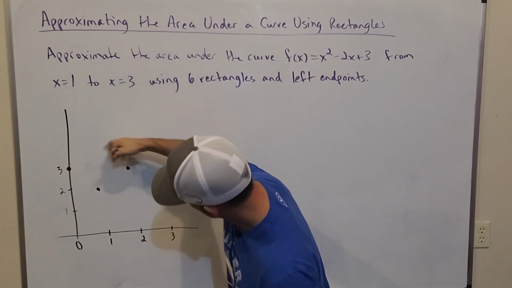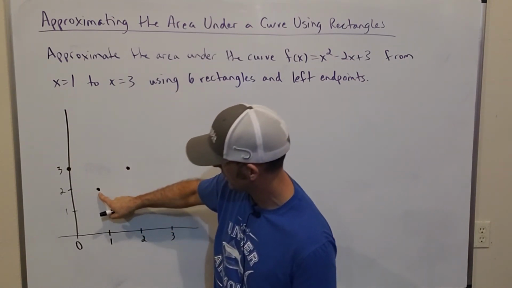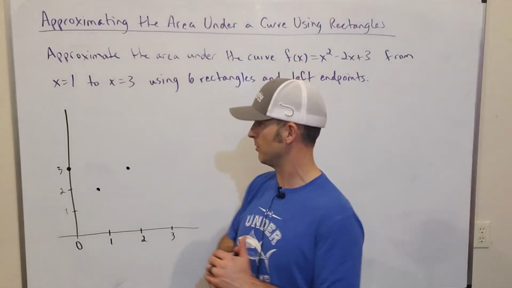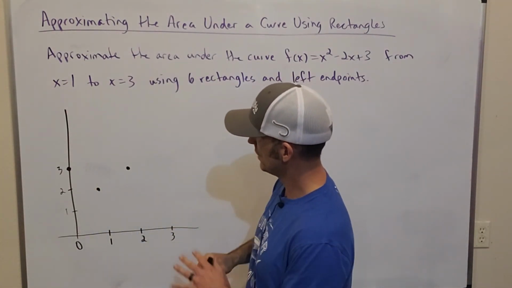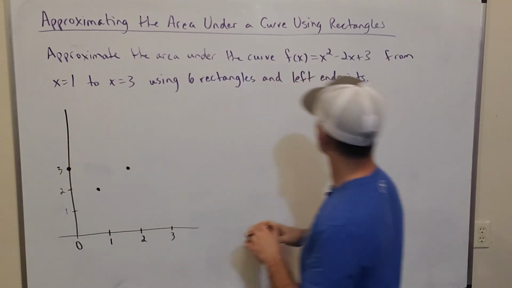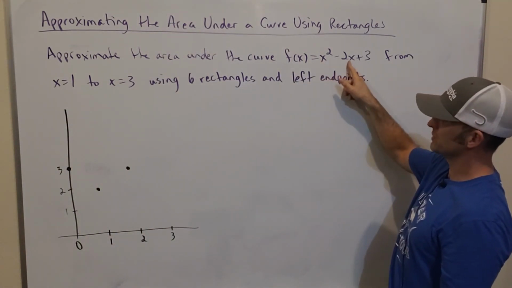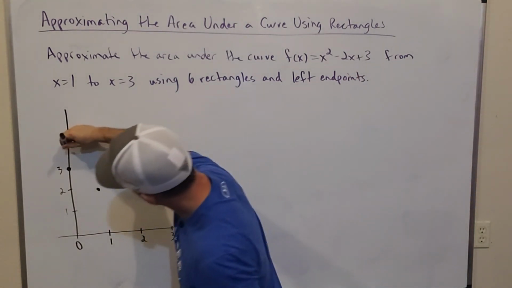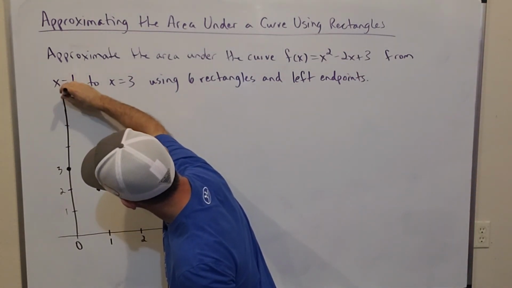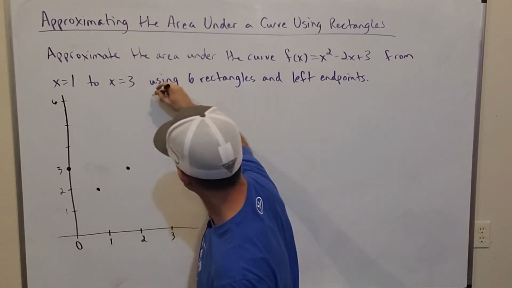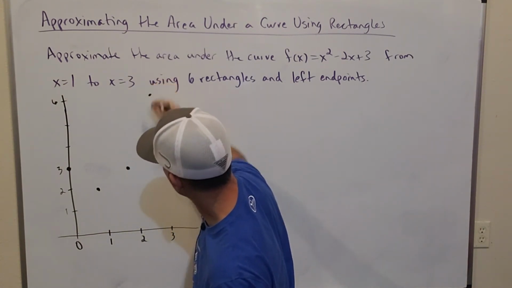So we can already see, because of the symmetry here, this point at 1, 2 is the vertex of this parabola. It opens upward, so we kind of know what to expect now. If x is 3, we get 9 minus 6, which is 3, plus 3 is 6. So let's see, 4, 5, 6. So 3, 6 up here approximately.